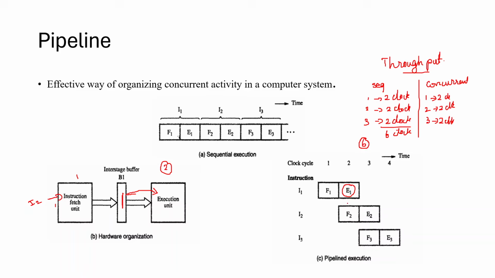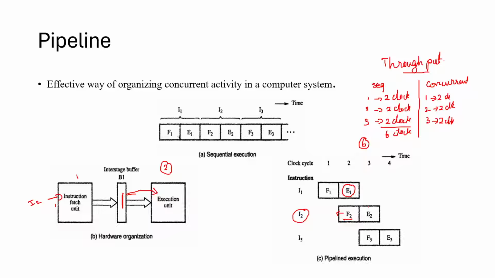In the same clock cycle 2, instruction 2 is fetched, because we have a separate hardware unit for instruction fetch and instruction execute. So in clock cycle 2, the fetch unit fetches instruction 2, and the execution unit executes instruction 1.